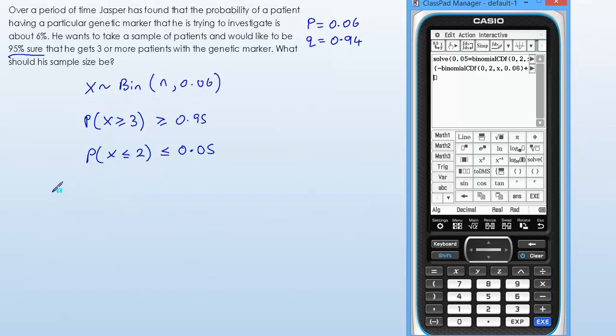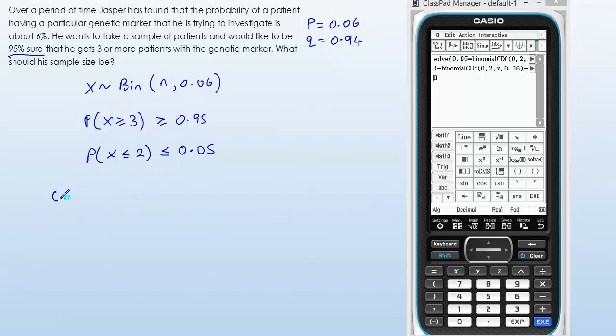If we have no successes, that's 0.94 to the n, and then we'd have nC1 times 0.94 to the n minus 1 times 0.06, and then we'd have nC2 times 0.94 to the n minus 2 times 0.06 squared, and let's put that equal to 0.05.